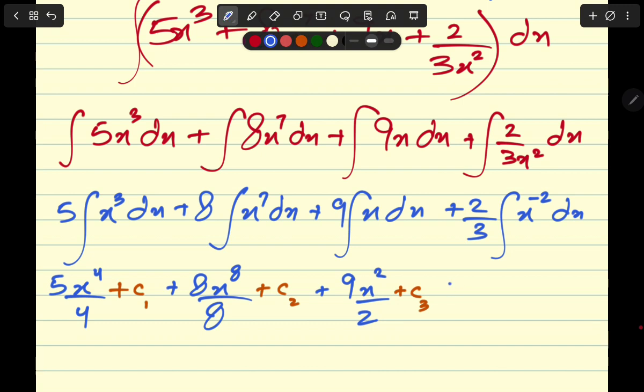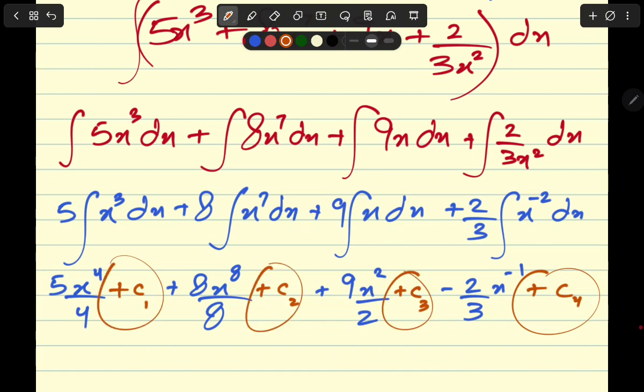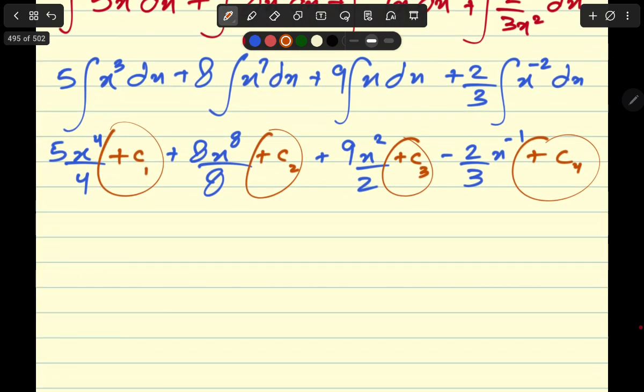which is, let's say, another constant c3, plus 2 upon 3 x to the power of minus 2 plus 1 is minus 1 upon minus 1, which is nothing but minus 1 upon negative 1. So I am going to put a negative here, and I'm going to put another constant of integration, which is c4. Now, we don't know this, we don't know this, we don't know this, and we don't know this, but together they are going to form some constant.